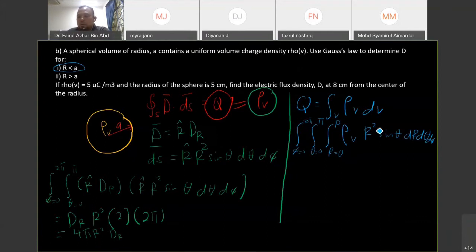When we solve this, we have rho v. The solution for r is r to the power of 3 divided by 3, with the limit from 0 until r.